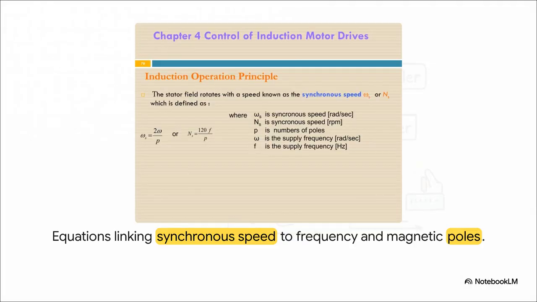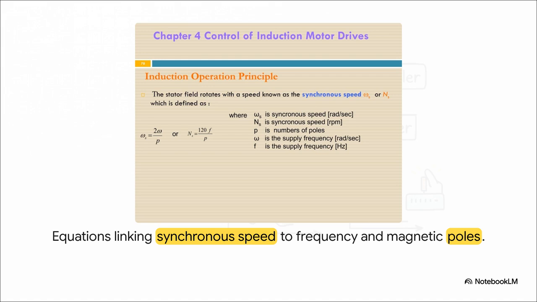And looking at this, we can see exactly how fast that magnetic field is spinning. Whether you're calculating for radians per second or revolutions per minute, the speed is directly tied to 2 physical realities. First up, the supply frequency of the electrical current. But look at the denominator there, P. That P isn't just a variable, it represents the actual physical magnetic poles built right into the machine's stator.